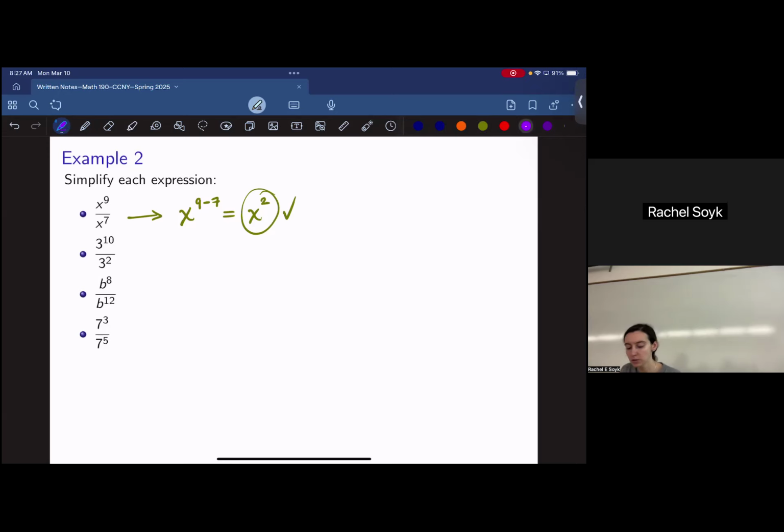Second example, someone want to help us out with this one? 3 to the... anyone? Sahi, do you want to help me out? Yeah, exactly. 10 minus 2, which gives us 8. Good.